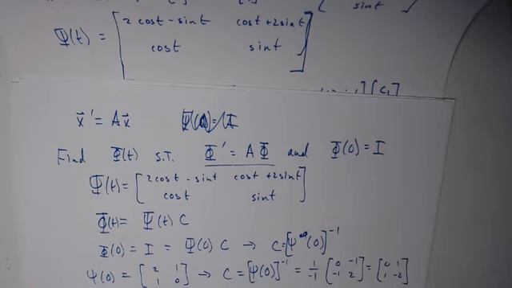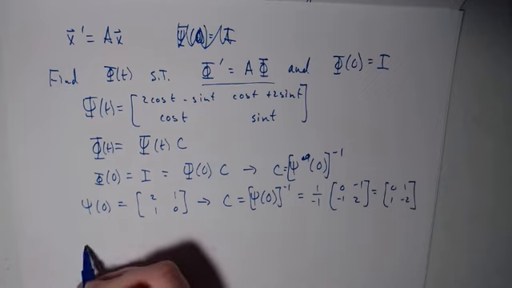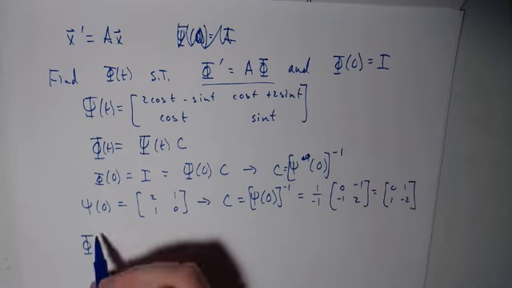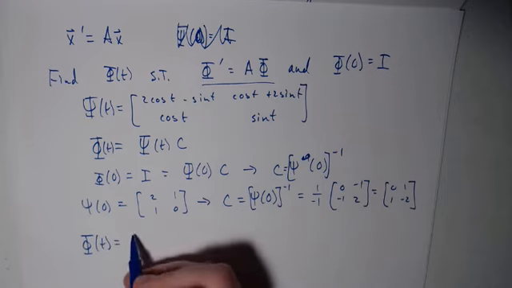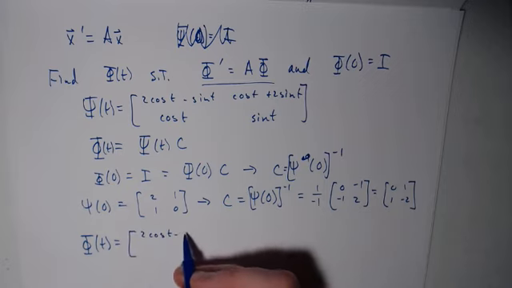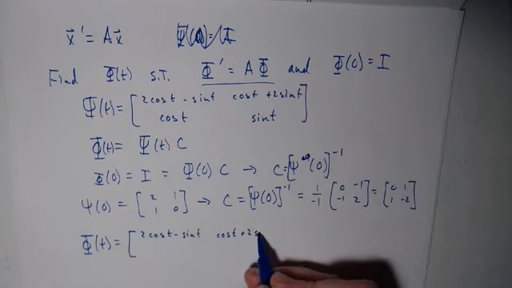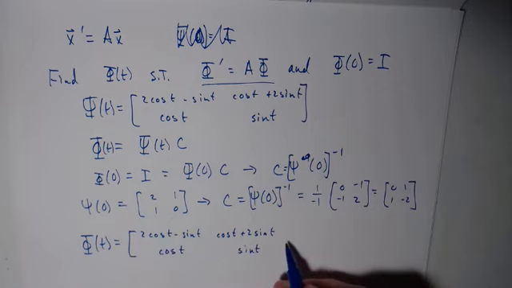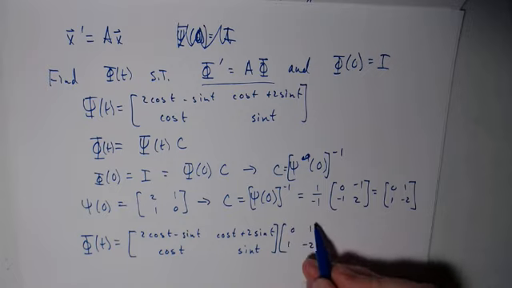So that is my particular c that I need. So then the phi that satisfies this initial value problem is equal to 2 cosine t minus sine t, cosine t plus 2 sine t, cosine t, sine t, times the constant matrix 0, 1, 1, negative 2.